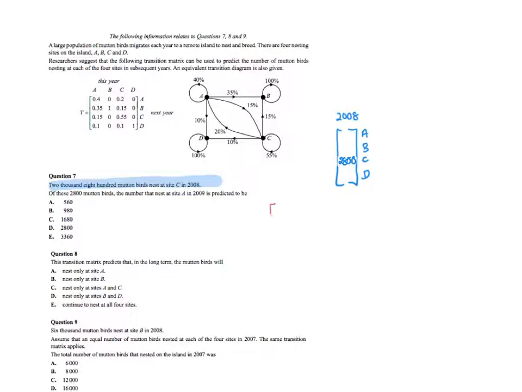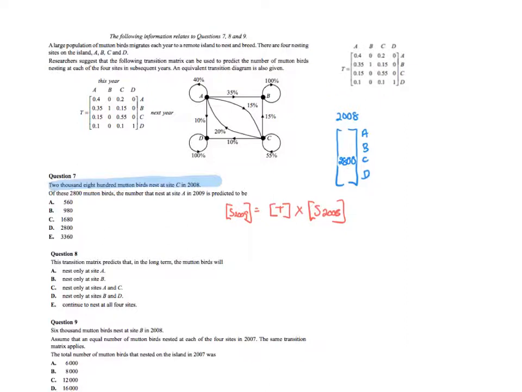So wouldn't we, if we were trying to find the state 2009, we would have done the transition times the state 2008. Do you think that? Yeah? All right.